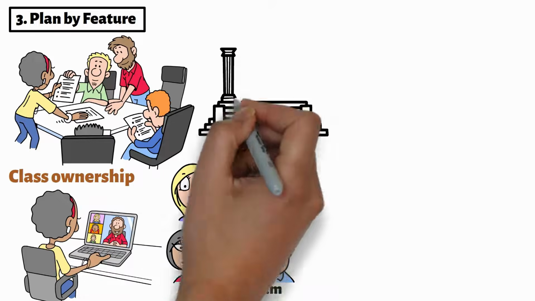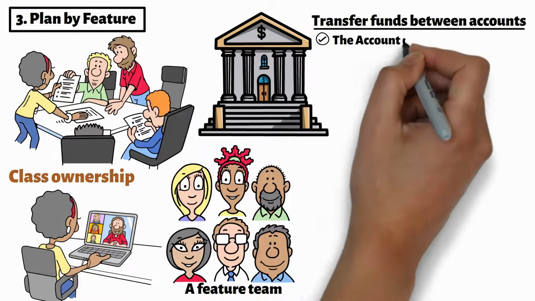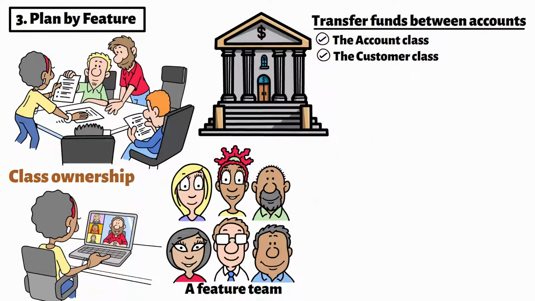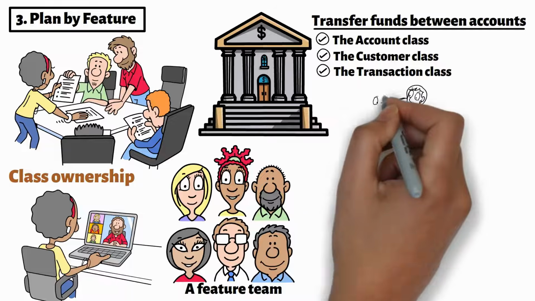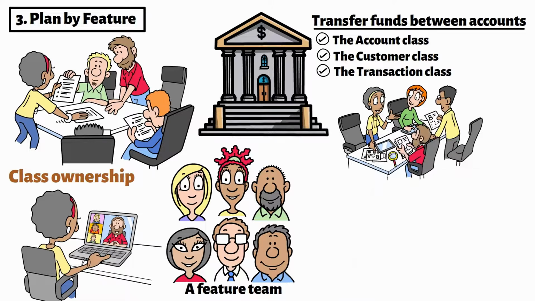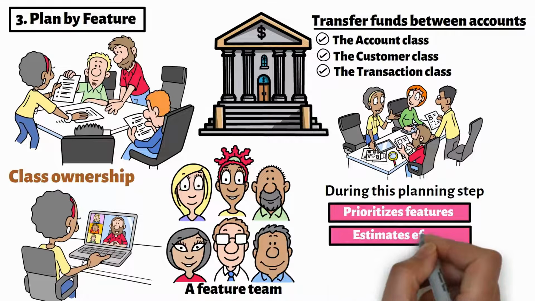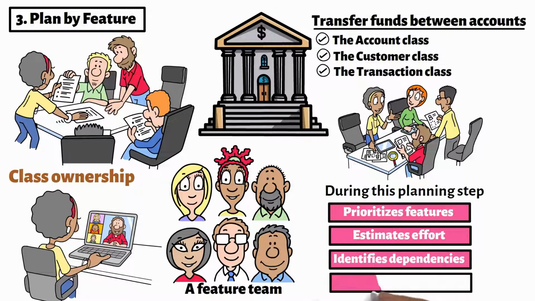For example, in the banking domain, a feature like transfer funds between accounts may involve the account class, the customer class, and the transaction class. The developers who own these classes form a feature team that works together to deliver that feature. During this planning step, the team prioritizes features, estimates effort, identifies dependencies, and assigns responsibilities. The result is a clear roadmap for delivering features in the right order.